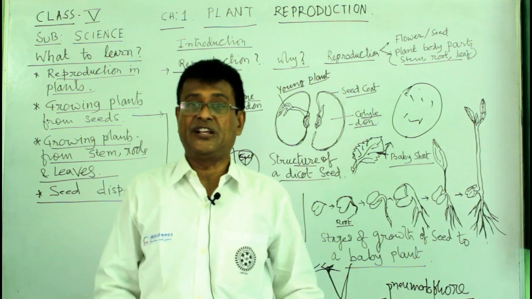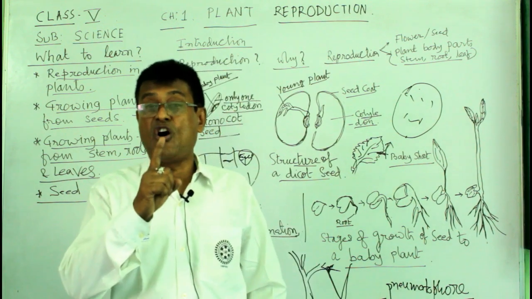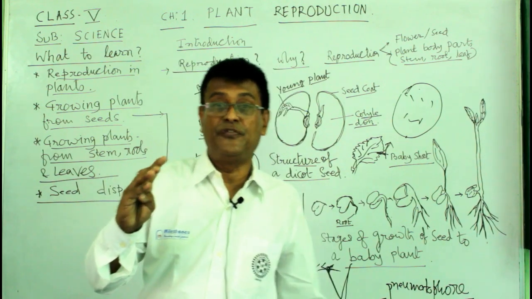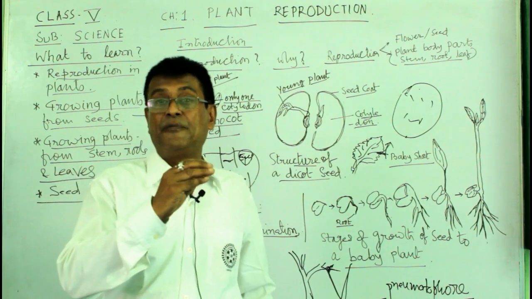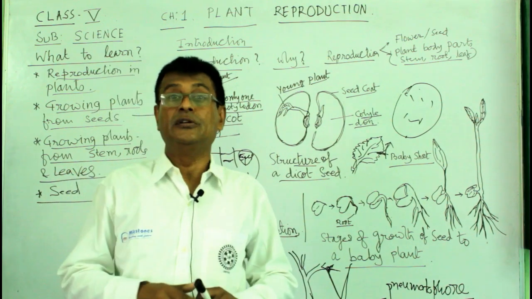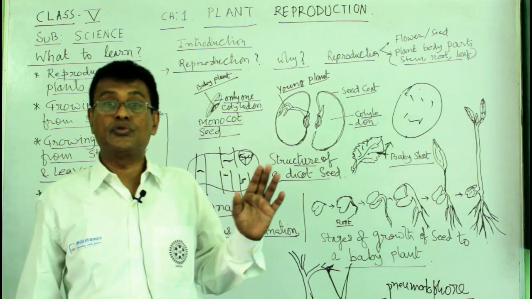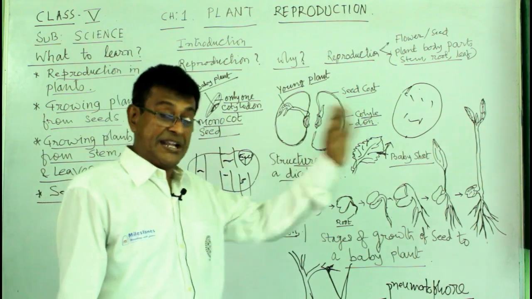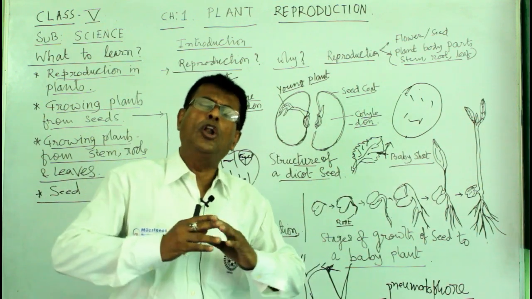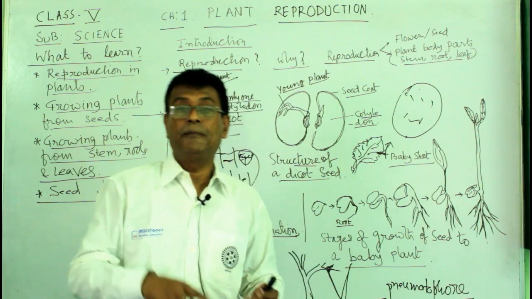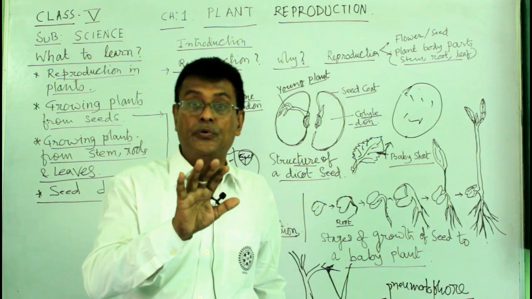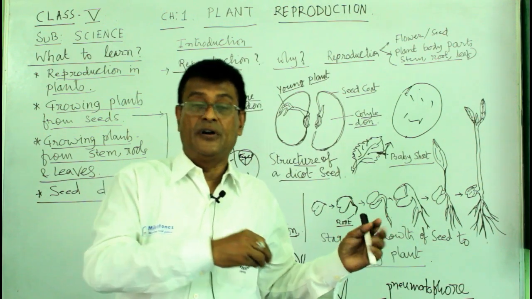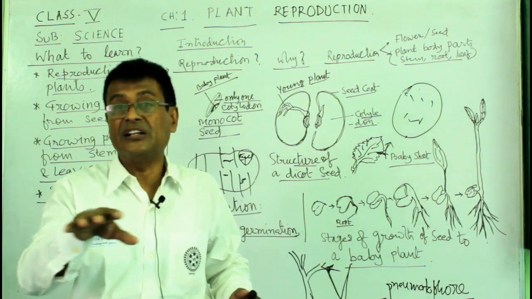There will be a fight for existence. Only the strong ones will grow, and most of them will die due to the scarcity of food and the absence of plenty of oxygen. Especially those who are weak will die. So that is why the plants produce lots of seeds, because the plant is supplying food to all organisms, for themselves, for ourselves, and for all the other animals also.